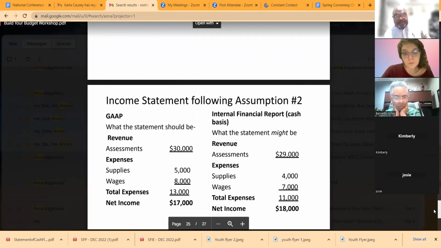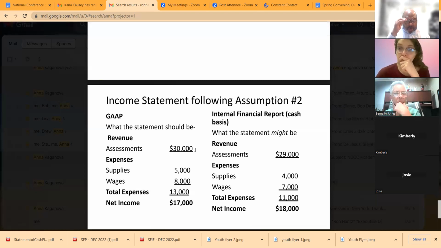Let's chew on this for a while. Again, on the GAAP side, we know what GAAP is. GAAP is accrual. So we record it as it is. So in this case, the 5,000 is what they had budgeted for supplies. The 8,000 is what they budgeted for wages.